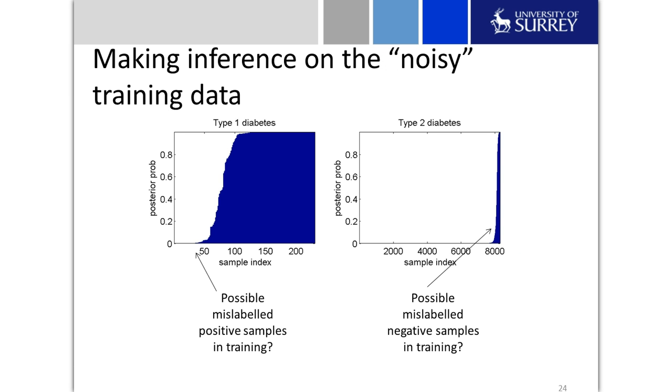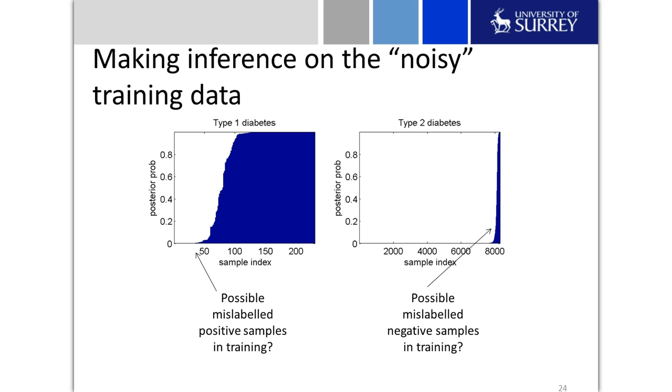After training the logistic regression, we use it to test the original training data set. So in fact, we are applying the trained model on the training data set. What we see here is that for the positive samples, on the left-hand side, I would expect to see high posterior probability for positive samples. But instead, what I have found is that some of the positive samples have actually very low probability.